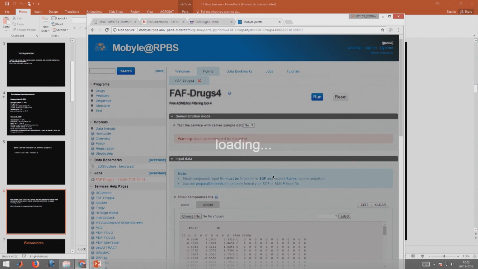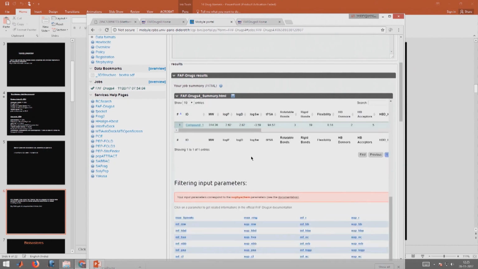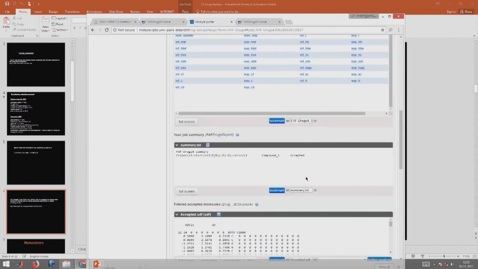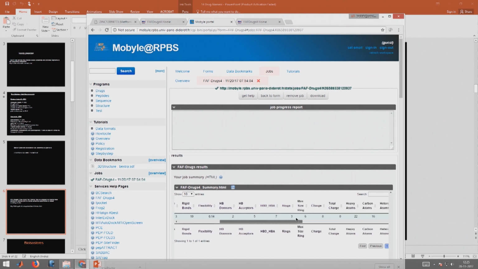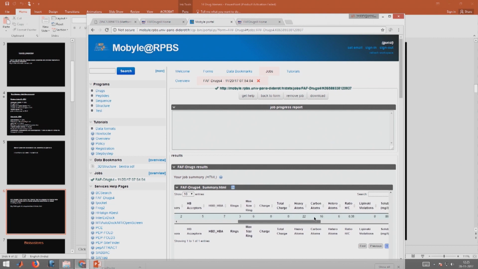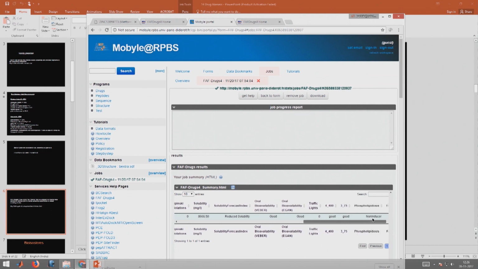So if you have many molecules put in, it does a lot of these calculations: molecular weight, log P, log D, solubilities, rotatable bonds, rigid bonds, flexibility, donors, acceptors. So a lot of information it gives about the compound. As you can see, hydrogen bond, heteroatoms, total charge, heavy atoms, carbon atoms. Then it gives you oral bioavailability is good, Egan rule is also good, okay.